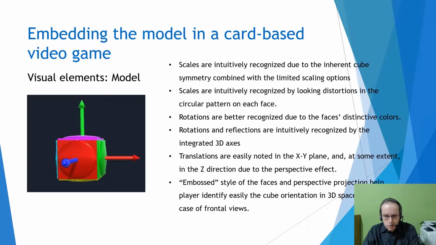Translations are easily noticed in the XY plane, and to some extent in the Z direction through the perspective effect. And the embossed style of the faces and a slight perspective projection help players identify easily the cube orientation in 3D space, even in the case of frontal views.